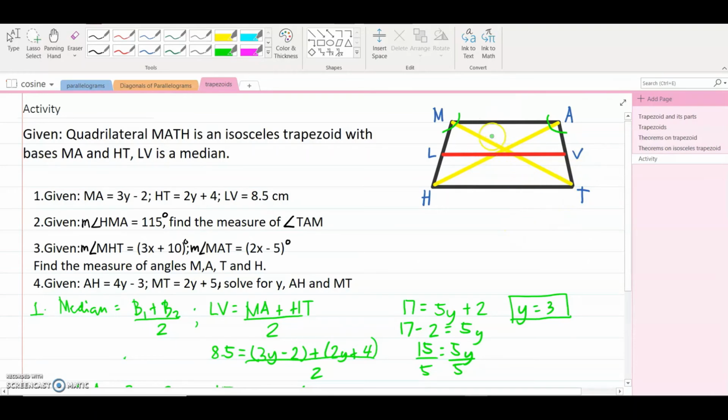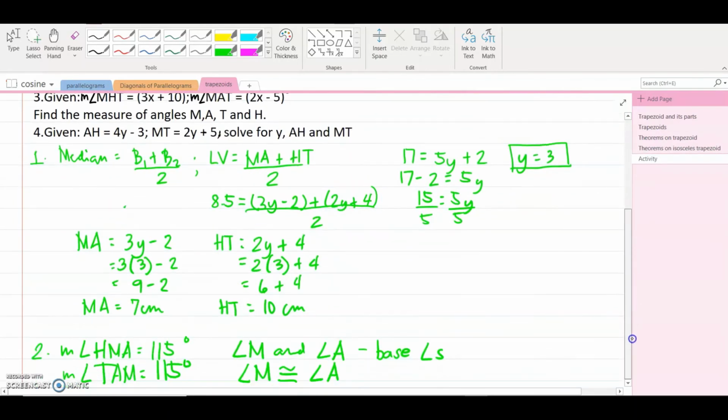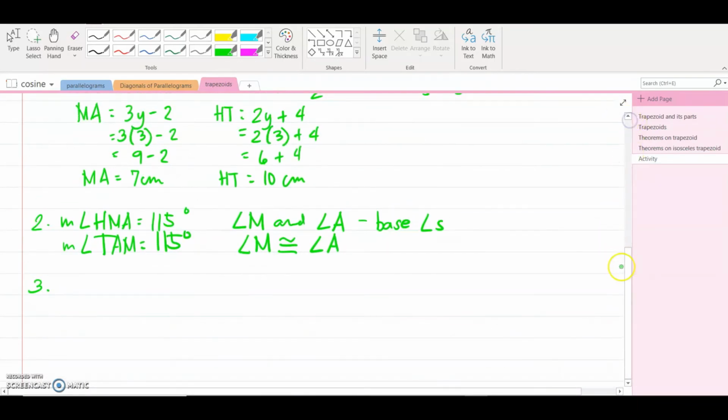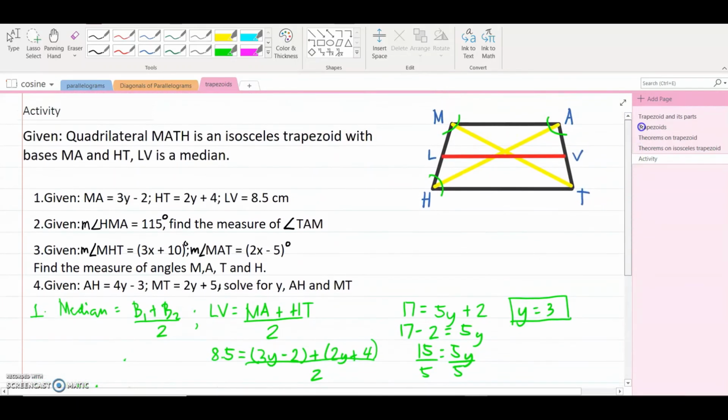Given the measure of angle MHT, which is 3x plus 10 degrees, and angle MAT, which is 2x minus 5. Angle H and angle A, or MHT and MAT, you will notice here that they are opposite angles. So for number 3, we're going to apply the theorem about opposite angles, which are supplementary in an isosceles trapezoid.